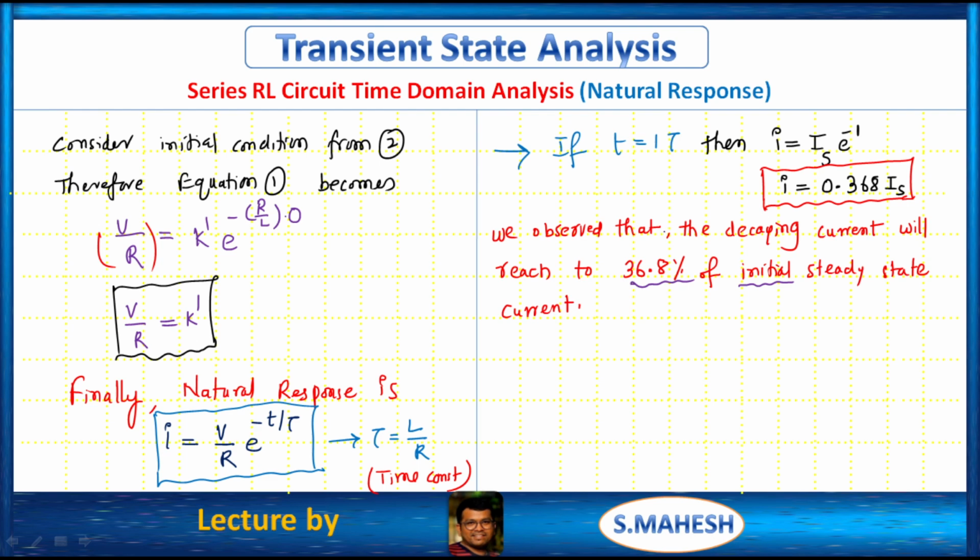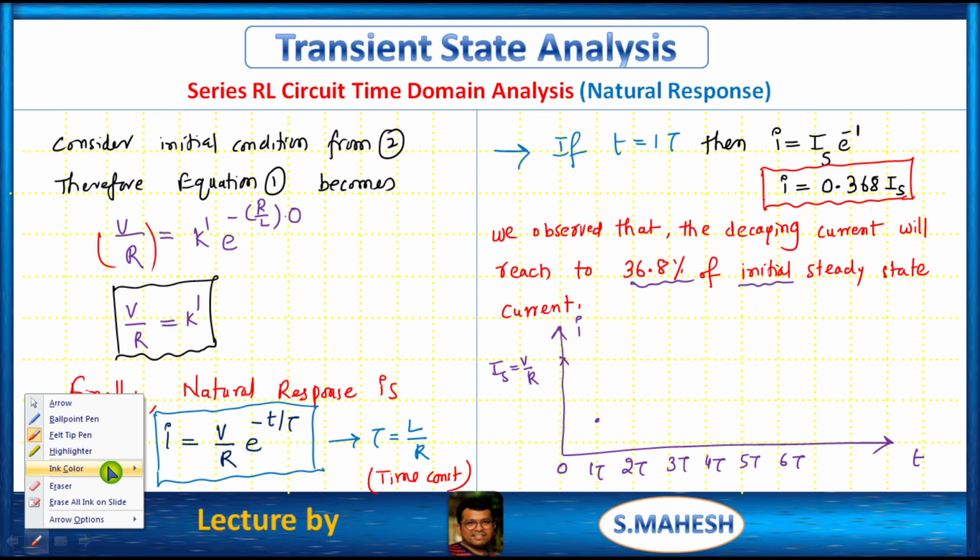Okay, next, we have completed this. Therefore the response is: this is I, this is time, 0, 1 tau, 2 tau, 3 tau, 4 tau, 5 tau, 6 tau, and this is Is, which is equal to V by R. Is is 1, but at 1 tau it is 0.368.